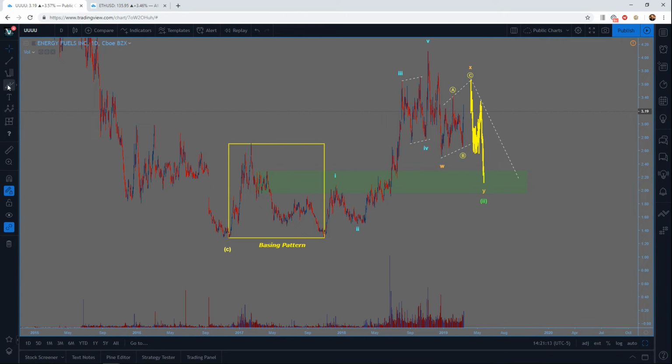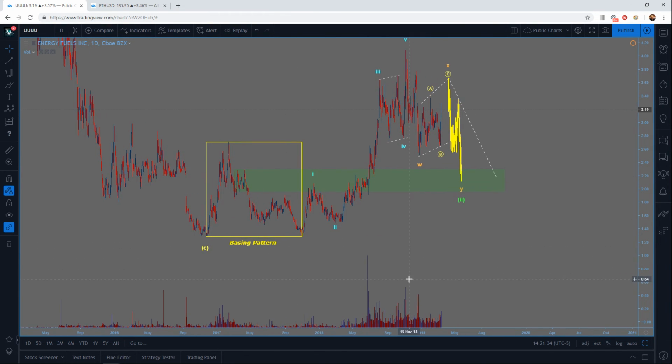This is what I discussed on Bitcoin, an AB base. AB bases are quite controversial in the Elliott wave world, but as I said in the longer video, we have to have some kind of basing formation. No matter what you call it, it's a basing pattern here, in my opinion.